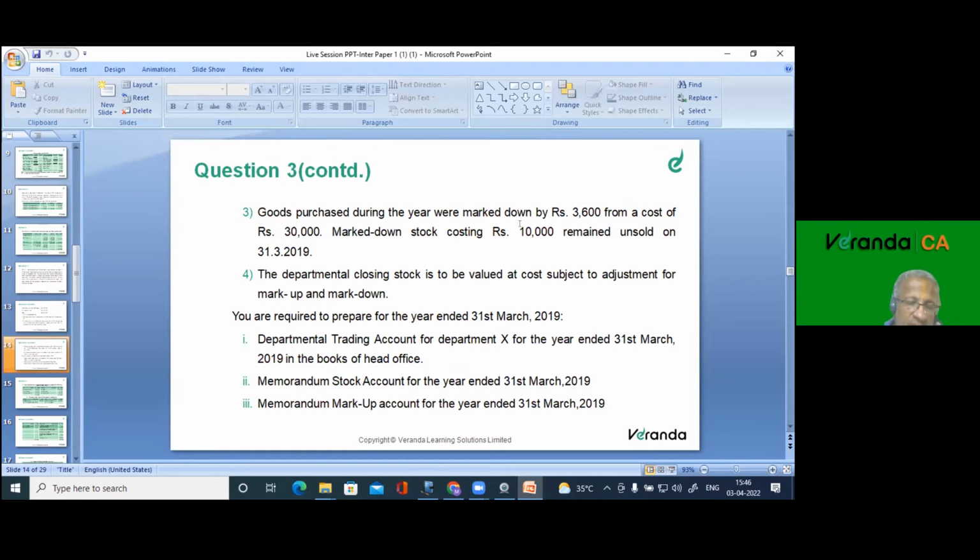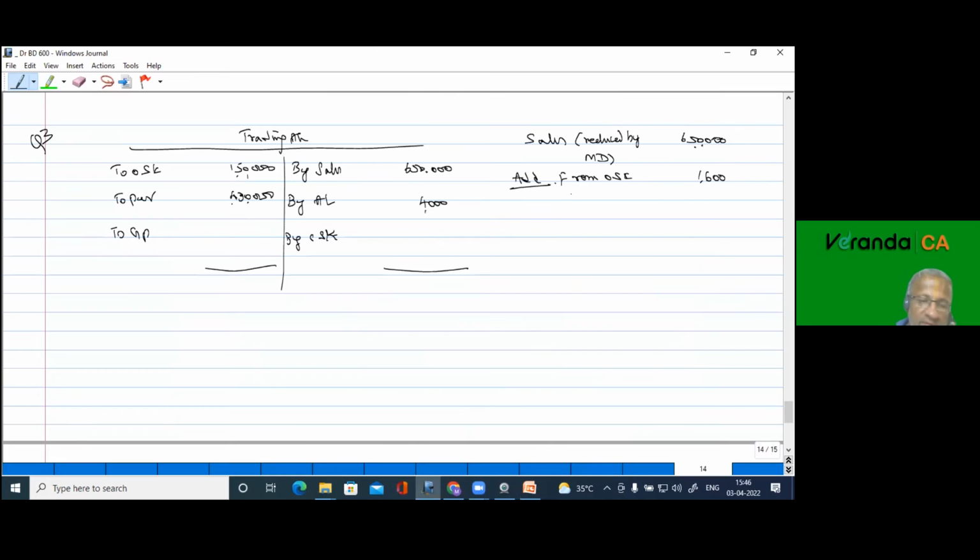Goods purchased were marked down by 3,600 from the cost of 30,000. Marked-down stock costing 10,000 remains. That means out of the purchases, we have added 2,400 from current period purchases. How come?